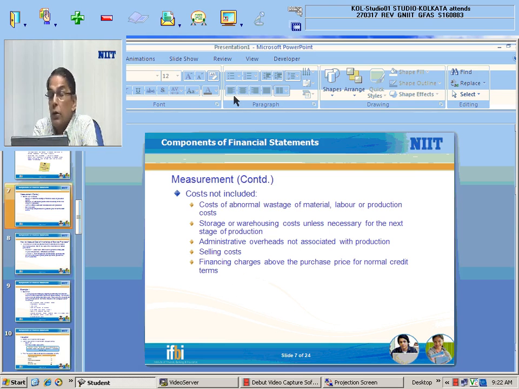Like selling cost, like commission paid to the sales agent, etc. So any selling cost will not be included in the cost of the inventory, and financing charges above the purchase price for normal credit terms will not be included. This is basically what is included and what is excluded that we have discussed for the purpose of determining the inventory cost.